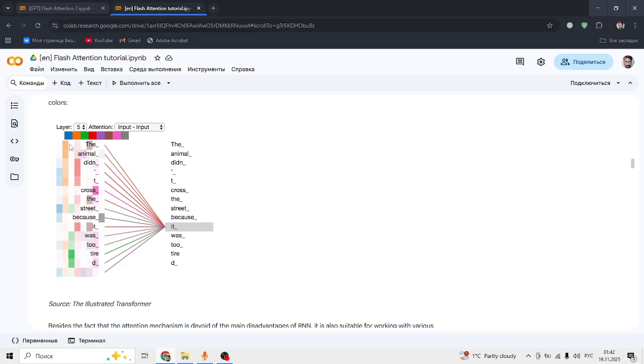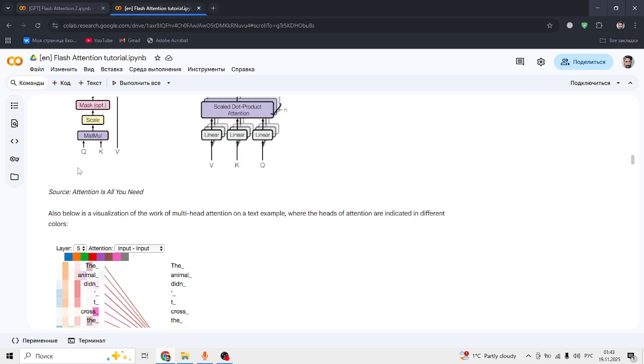The darker or brighter the color, the more active the connection of this word with another word when using several attention heads.